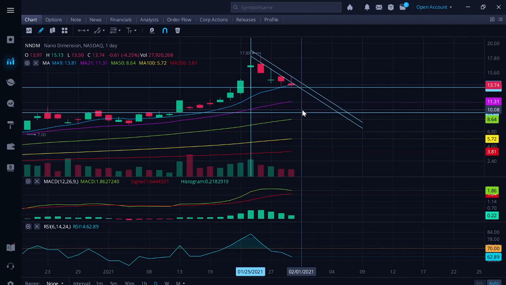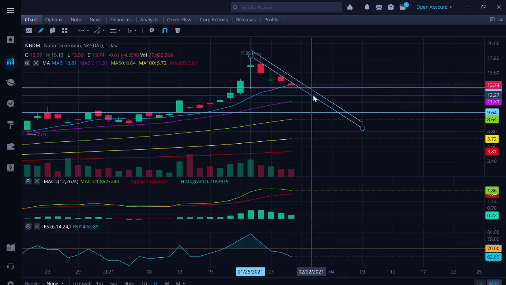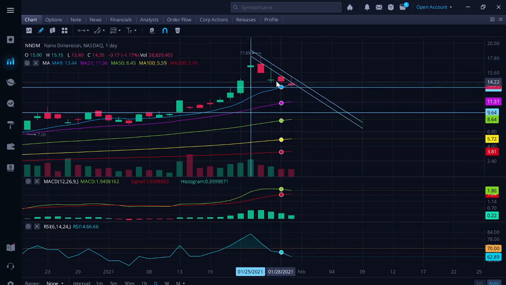So we are not far from the point where a decision has to be made by the bulls whether they're going to take this thing back up or it's going to continue down the spiral. And if it does, it'll probably touch this guy again.